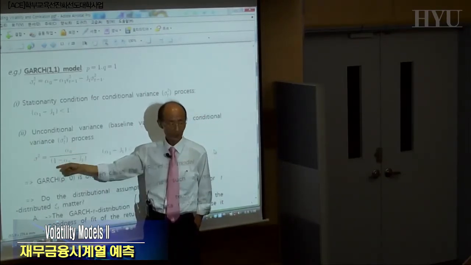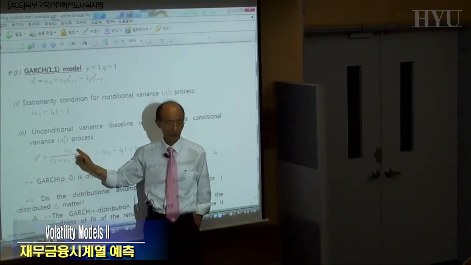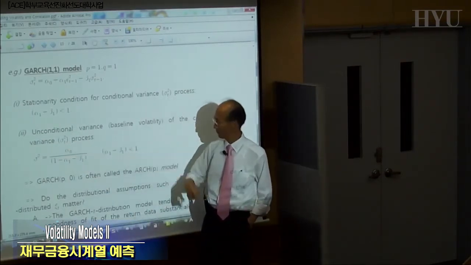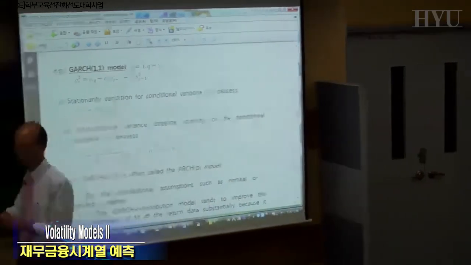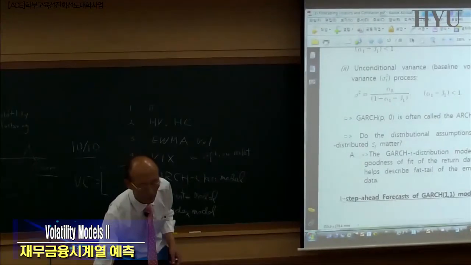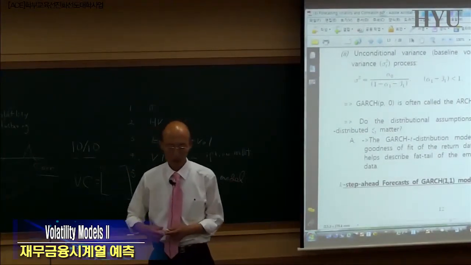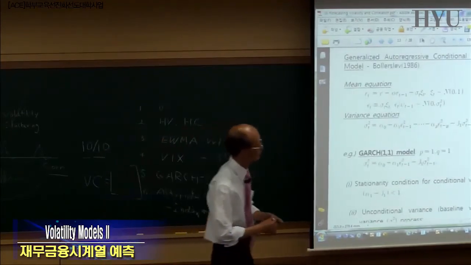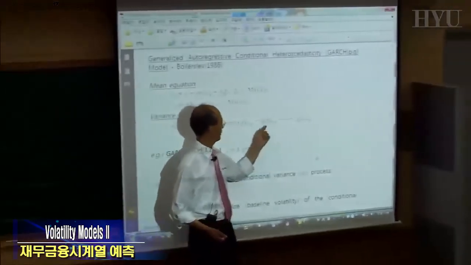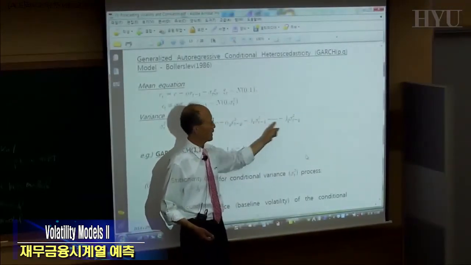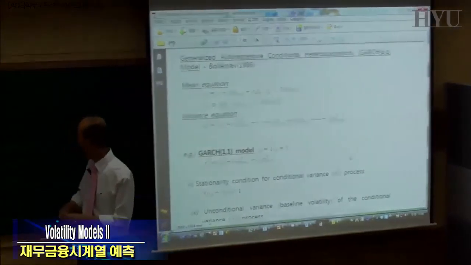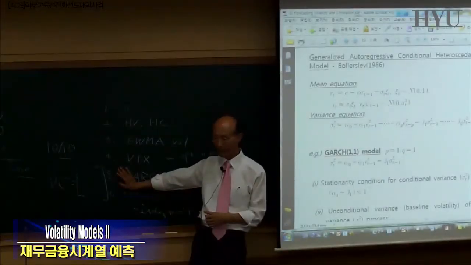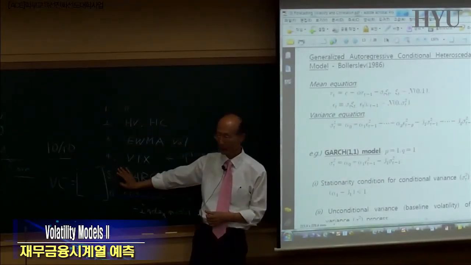Now if you ignore this second part, Q, so if Q is 0, and P, all betas are 0, then we call it, it's not general, it's just the autoregressive conditional heteroscedastic model.